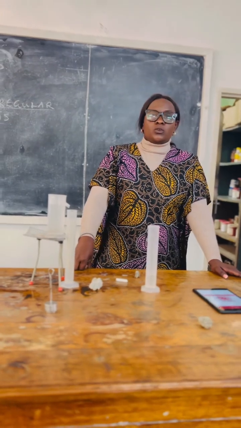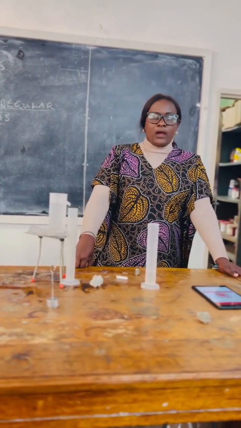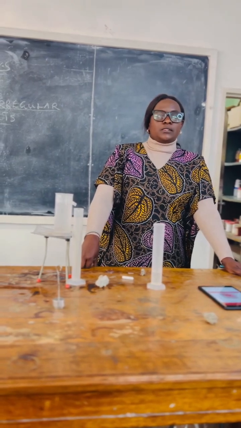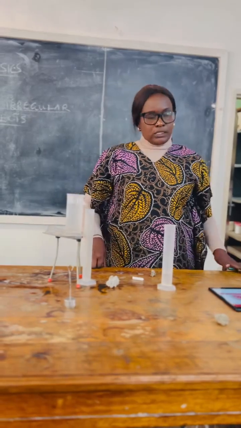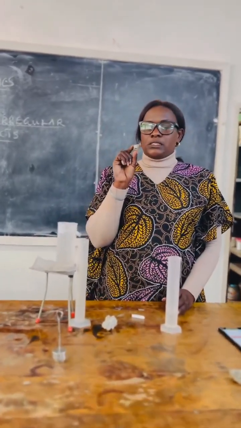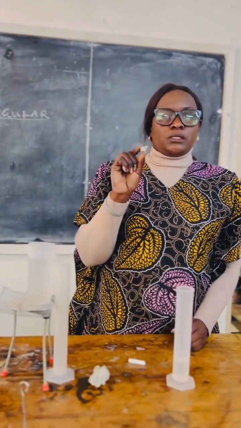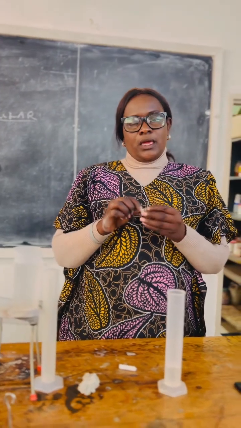I'll take note of that volume of water and I'll record it as volume 1. The next thing that I'll do is get an irregular object. In this case, I am using a small stone where I have tied a thin string.